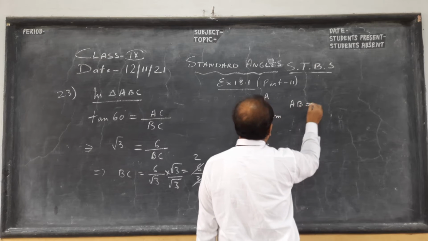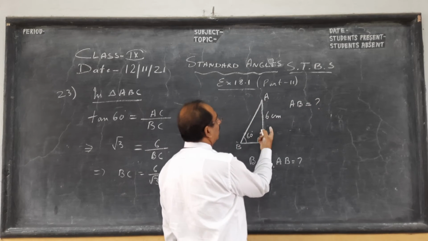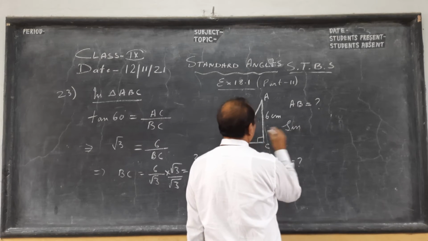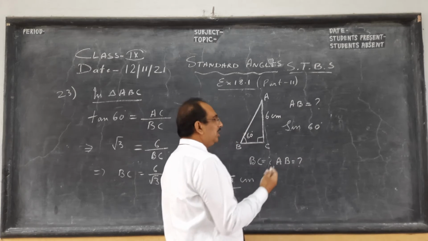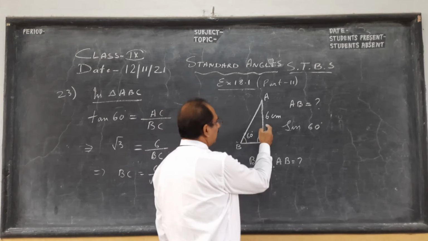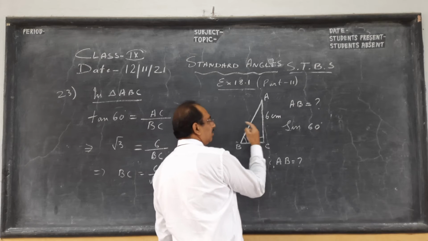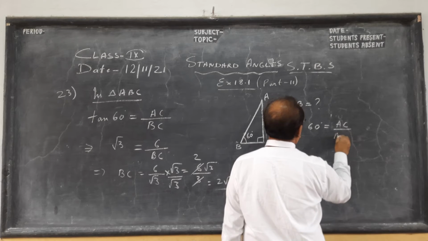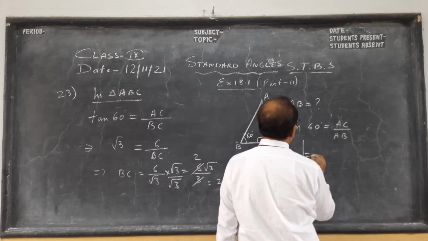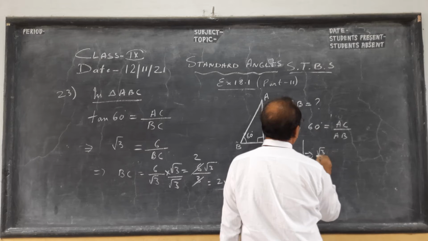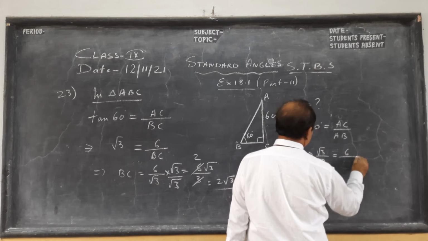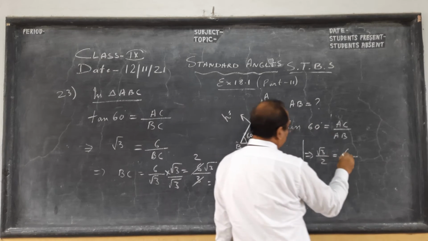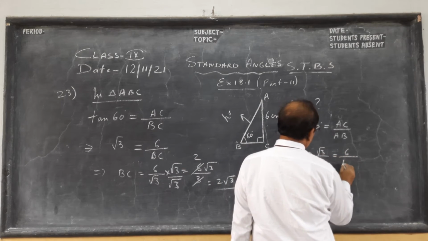To find AB, see how AB is related to this. This by this is sine. So sine 60 degree. Generally in height and distance we use tan, but here we have to use sine. It is AC by AB, perpendicular by hypotenuse. Sine 60, children, is root 3 by 2. AC is 6, and we have to get AB, the hypotenuse. AB is H, meaning hypotenuse here, not the height.